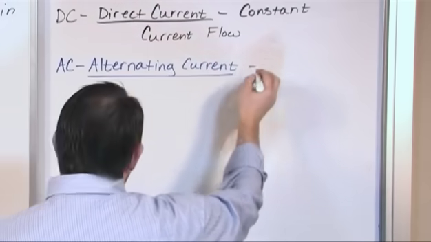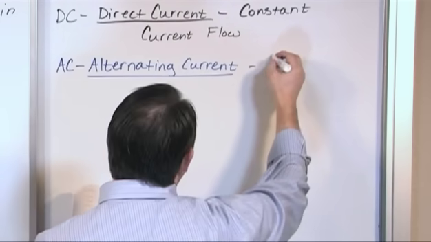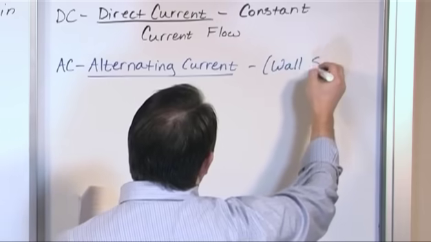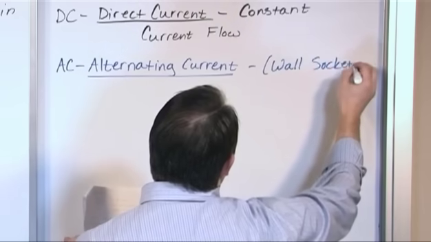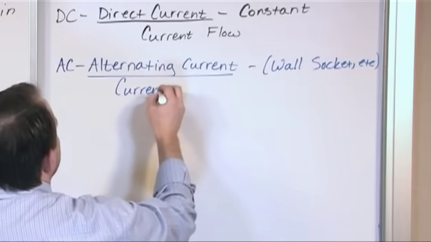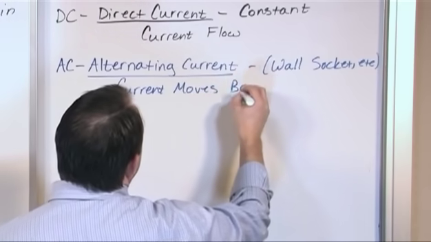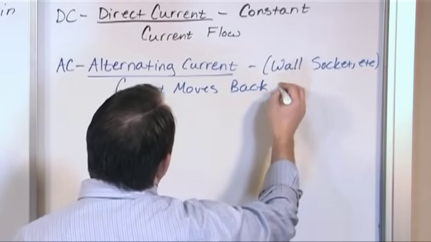Alternating current means exactly what it sounds like. It's a wall socket, and it means the current, for lack of a better word, moves back and forth.